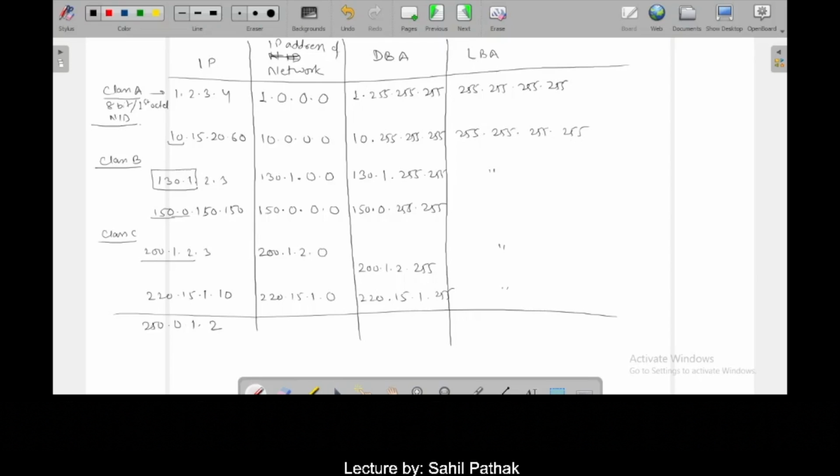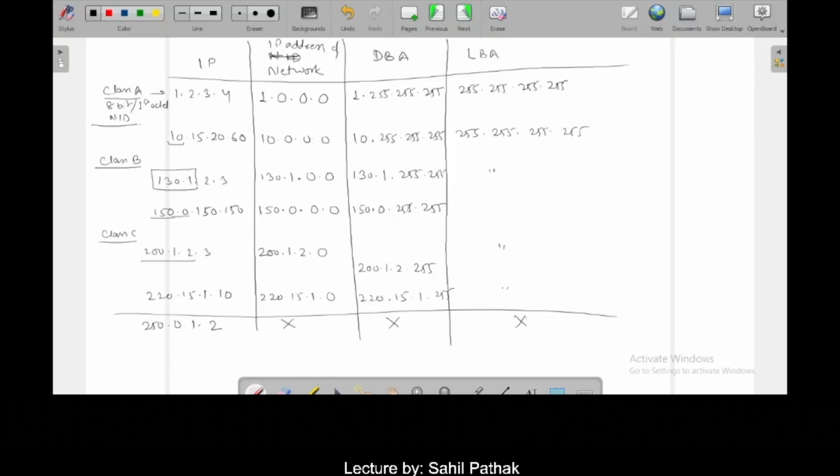There is no concept of network ID and host ID in class D and class E. Class D is used for multicasting in a group, and class E is used for special or research purposes. So here there is no IP address of network possible, and this won't be valid for this purpose.